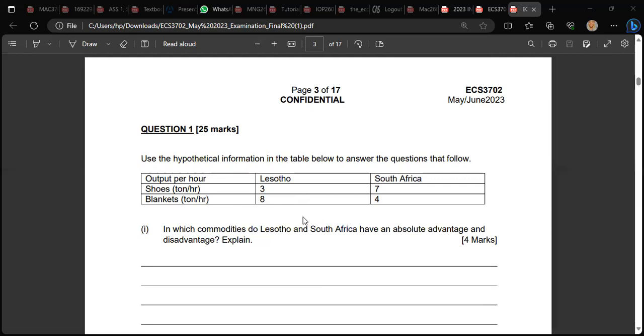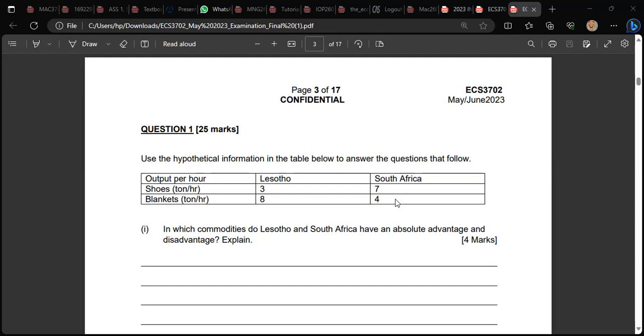Lesotho has an absolute advantage with blankets and absolute disadvantage with shoes. Then South Africa has absolute advantage with shoes and absolute disadvantage with blankets.